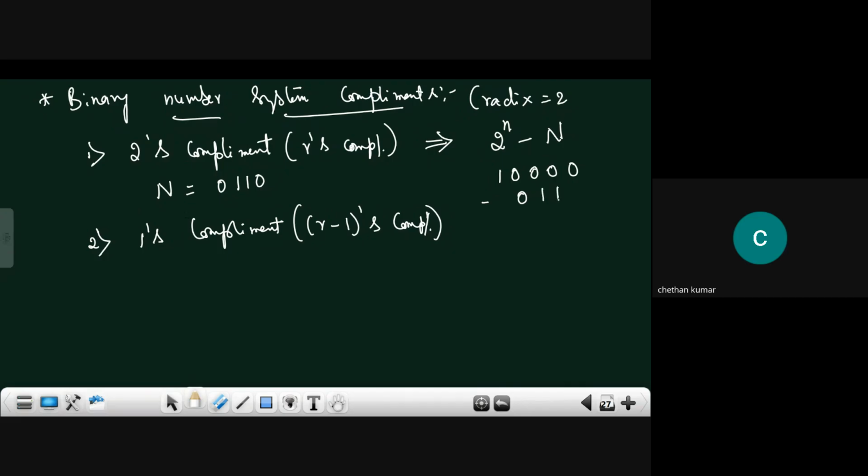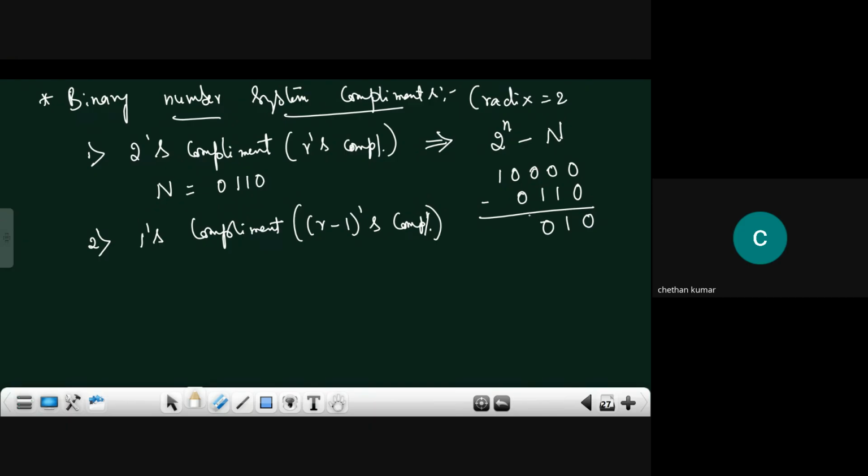0, 1, 1, 0. If you subtract this, you can't subtract the 1 from the 0, so you take a borrow. Borrow means 2, and 2 minus 1 is 1. Next, the value here is 1, and 1 minus 1 is 0.